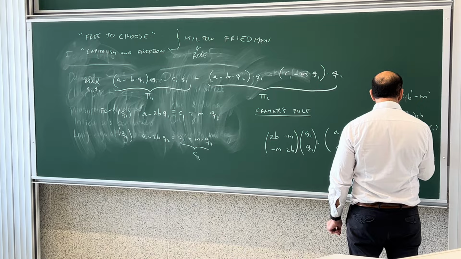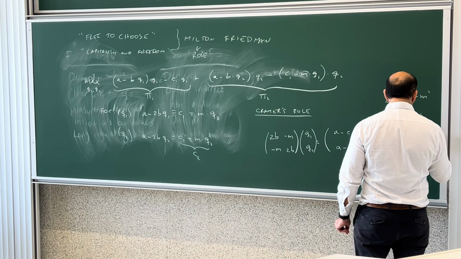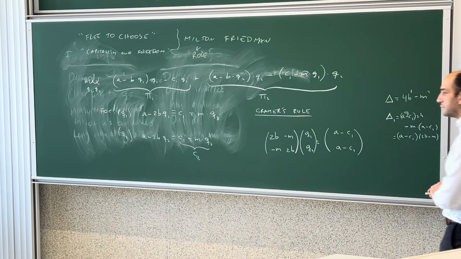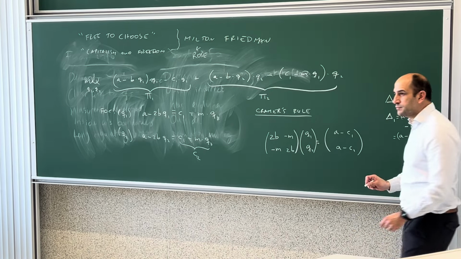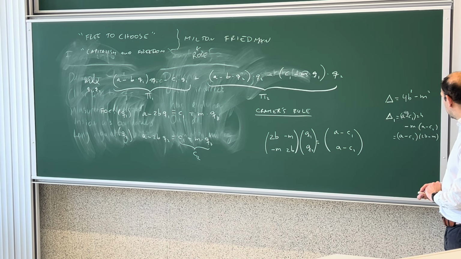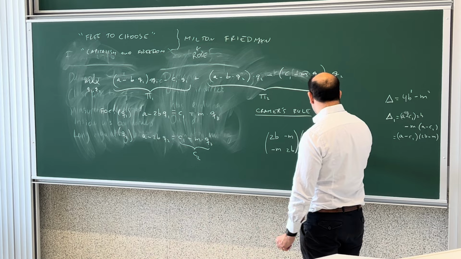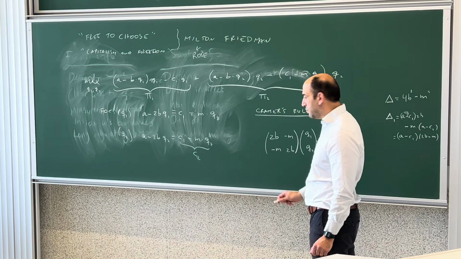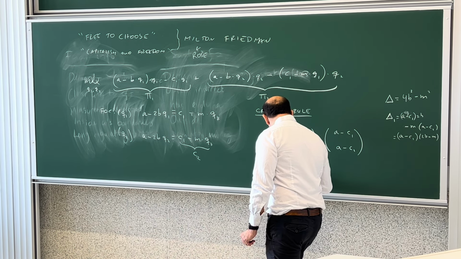Okay, so this is equal to A minus C1 times 2B minus M. Okay, and the delta 2 is the same. Why is it M? Shouldn't it be minus M times A minus C1, because here we have A minus C1, right? Okay, yeah. A minus C1, A minus C1, minus M, and 2B.